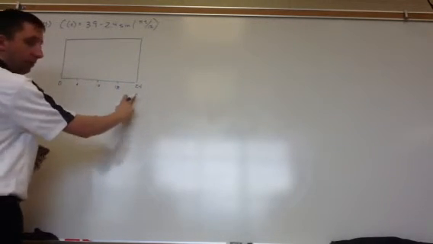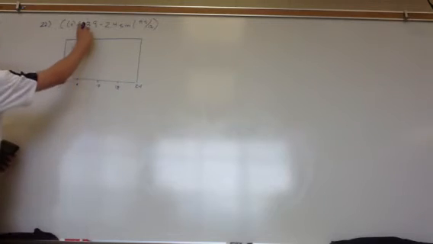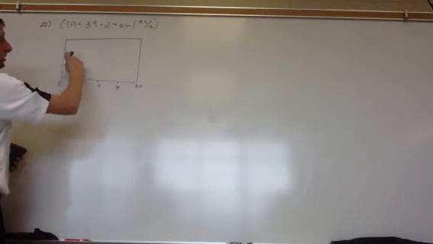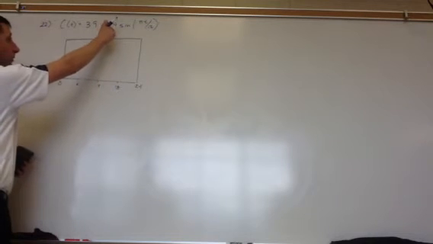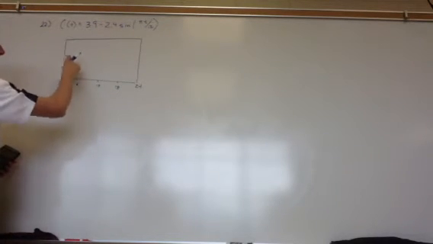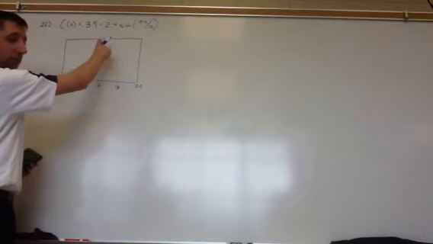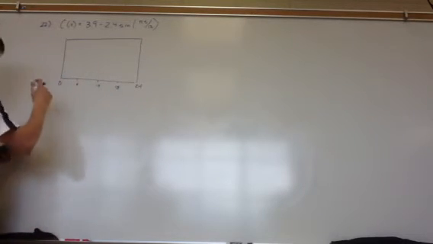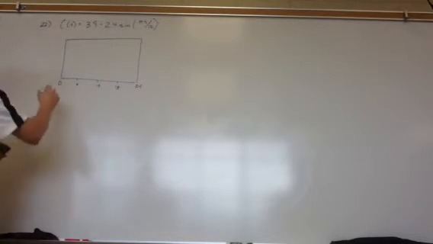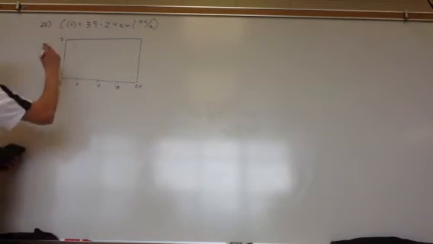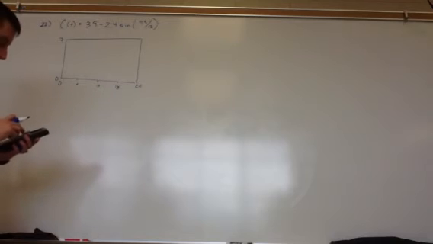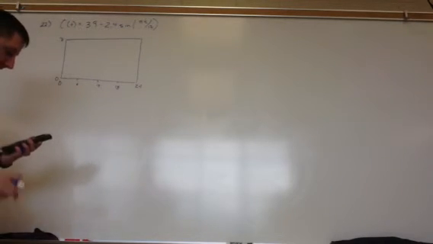And again, these are hours after midnight. And then this tells me that I shifted up 3.9 units and the amplitude is 2.4. So that means it's going to go down 2.4 and up 2.4. So let's make my y-min 0. Let's make my y-max 7. And then let's go ahead and press graph.